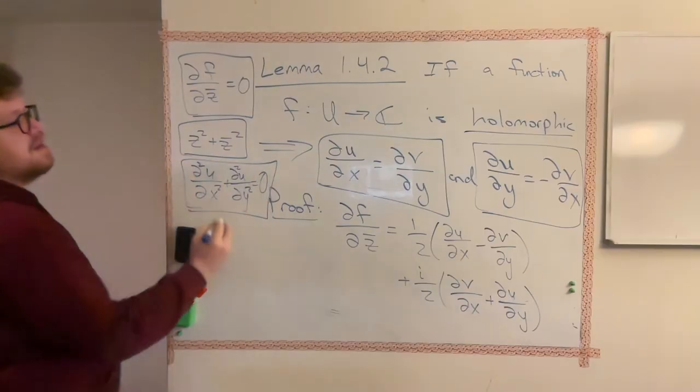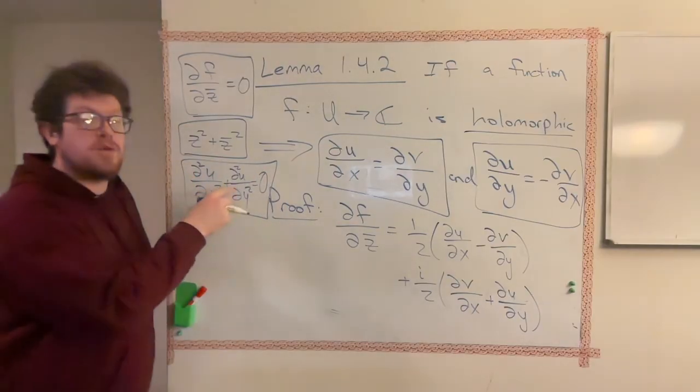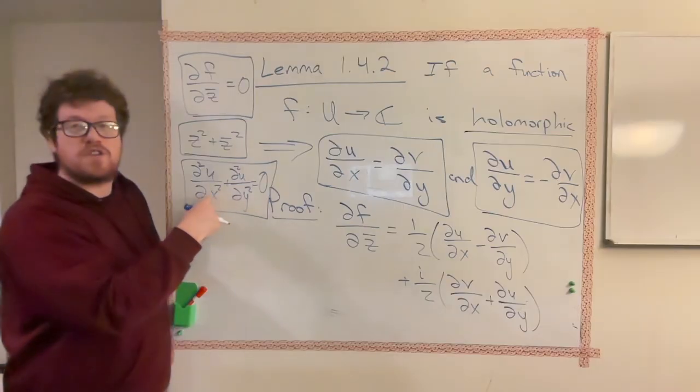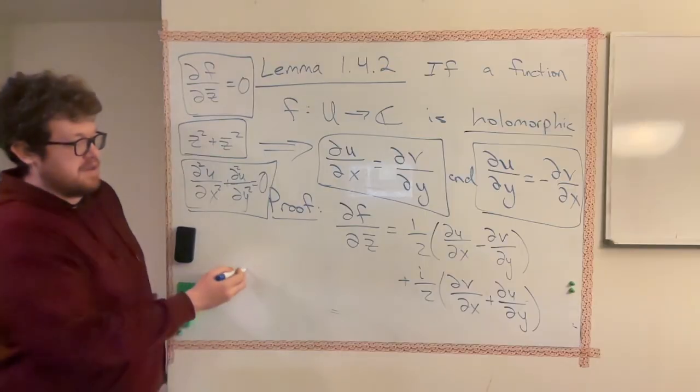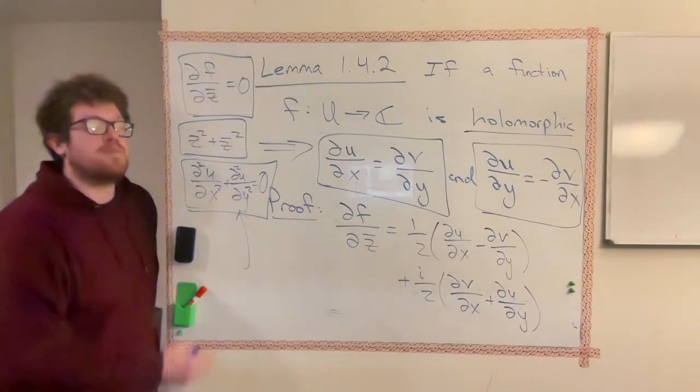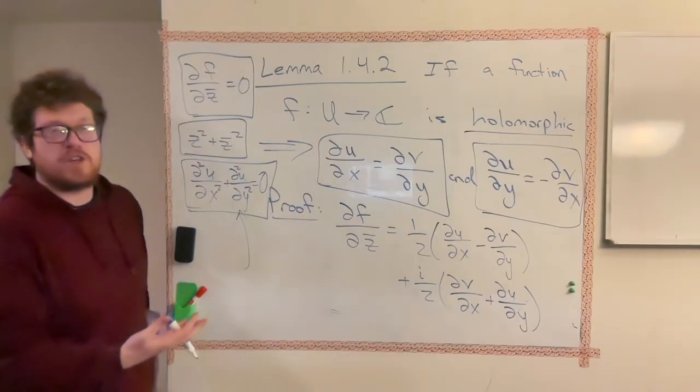You sum up the two second partial derivatives, and if you get 0, this is also called the Laplacian of the function. So if the Laplacian is 0, we call the function harmonic.